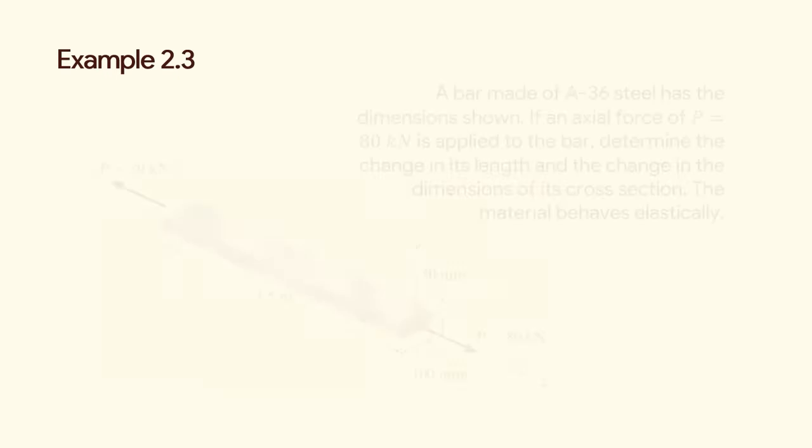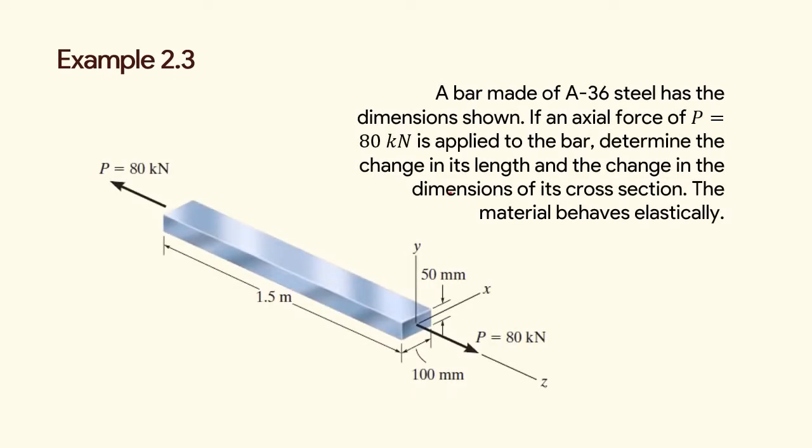Let's have an example. Let's say we have a bar made of A36 steel, and its dimensions are shown in the figure. It has a length of 1.5 meters, a width of 100 millimeters, and a thickness of 50 millimeters.